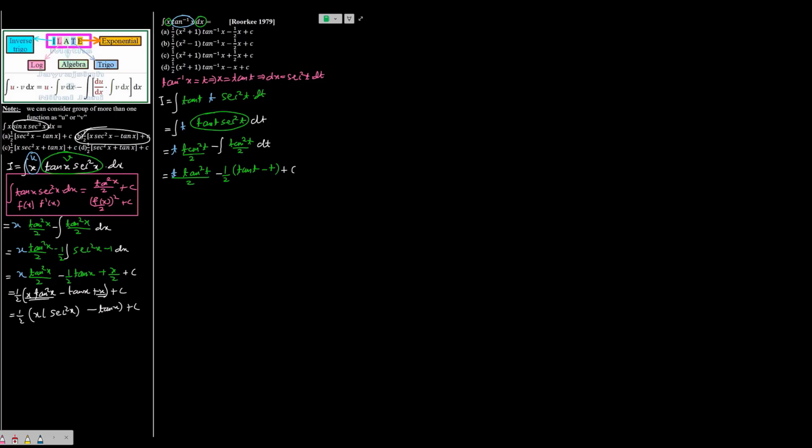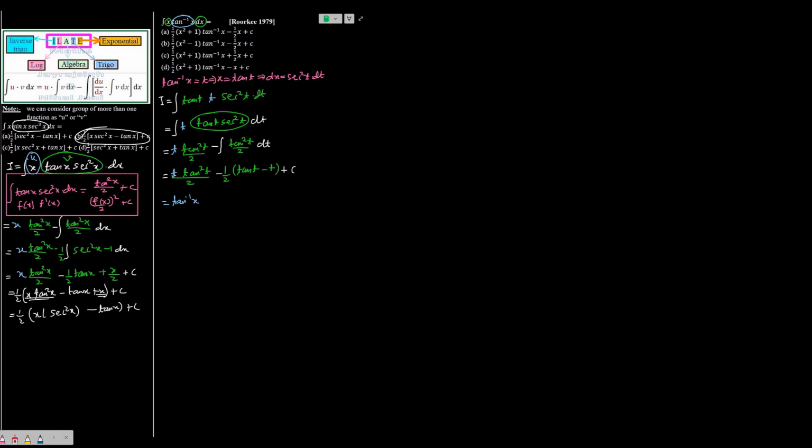Now, what will we assume? tan inverse x equal to t. A trigonometric triangle is not needed, because all terms are in tan or t, so we can place the direct value. So here t is tan inverse x.